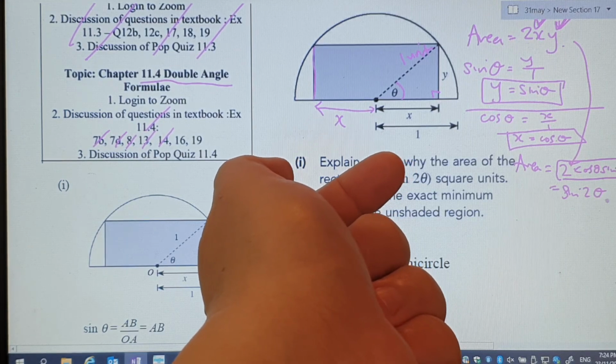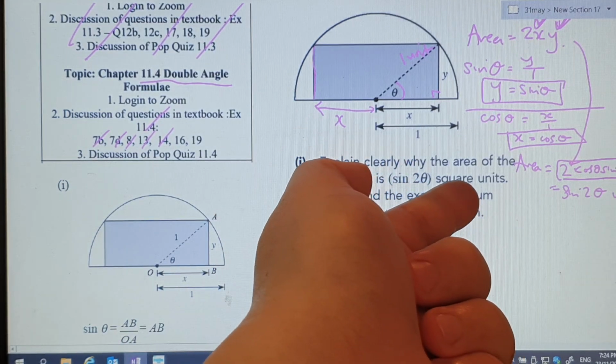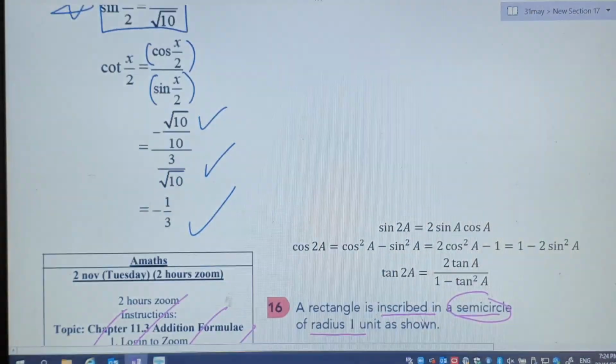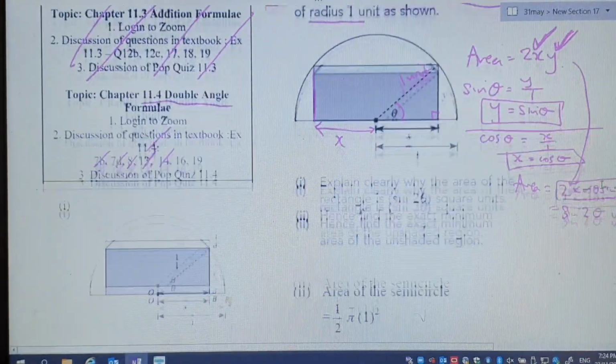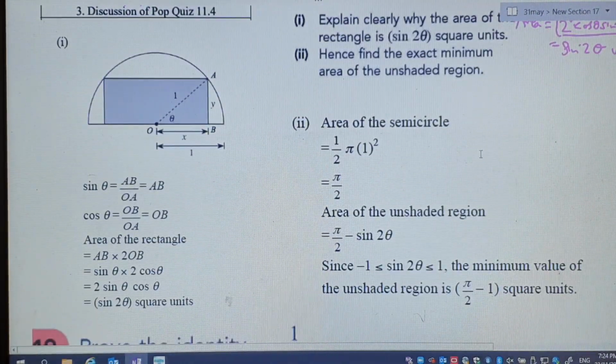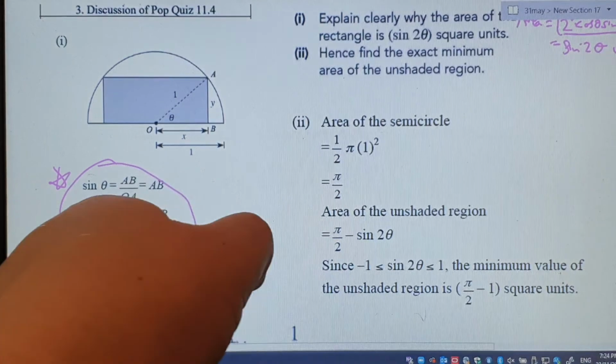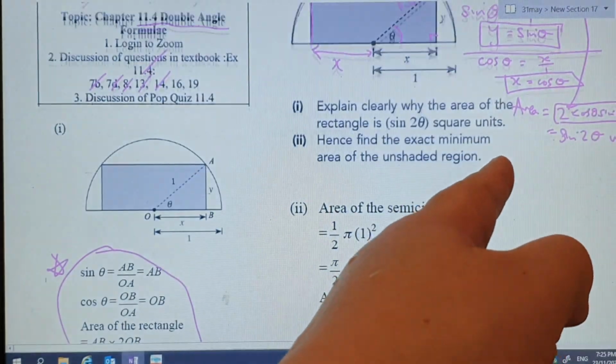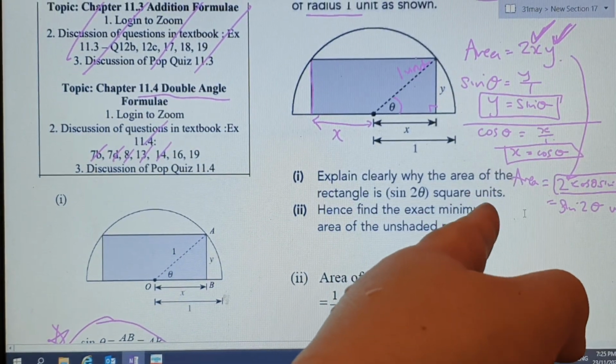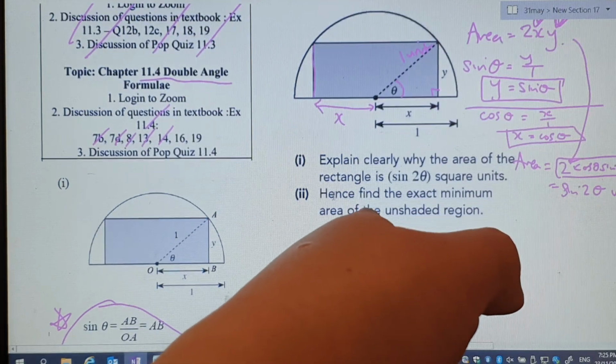So this is sine 2 theta units square. So we have more or less shown it already. This is the working here. This working is the same. Now this is part 1.